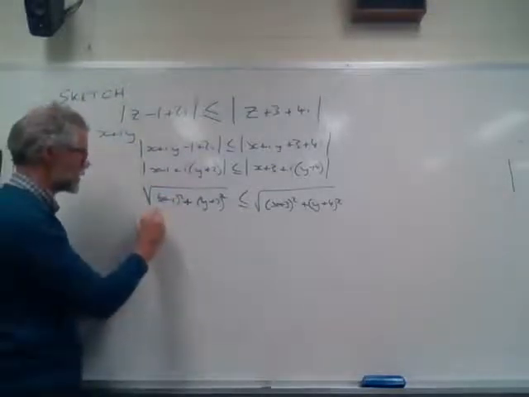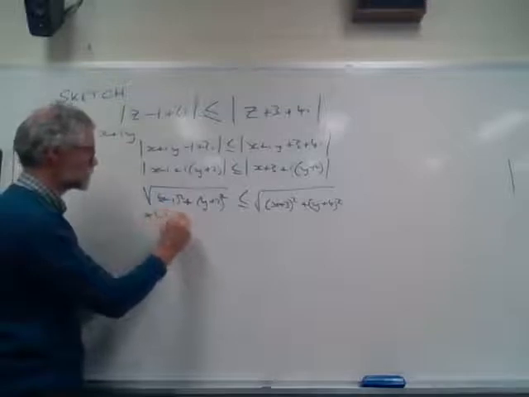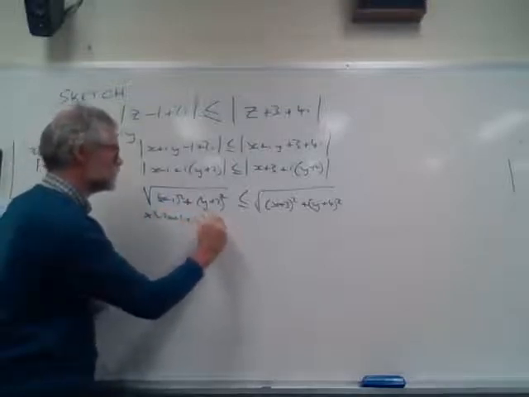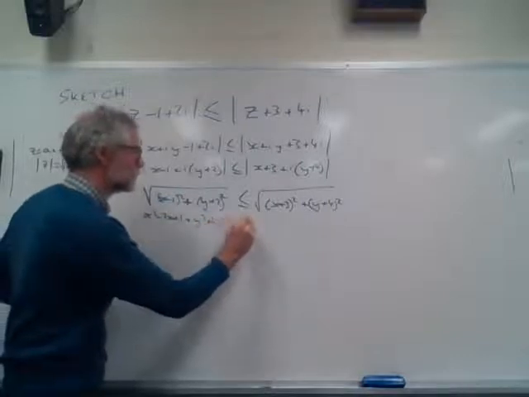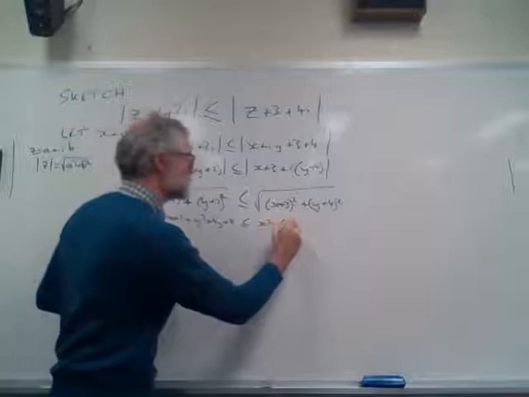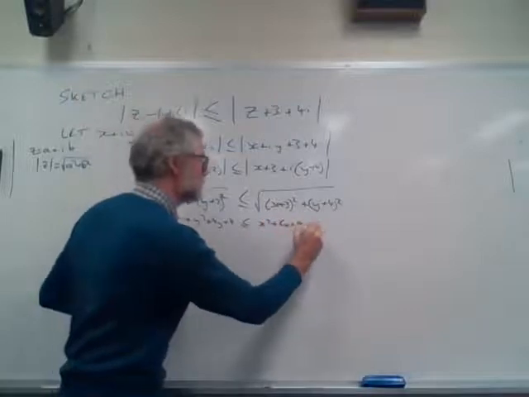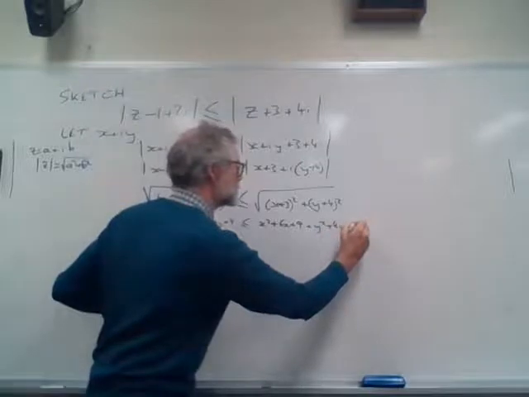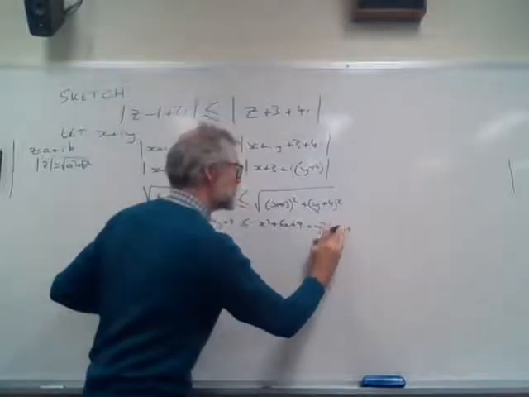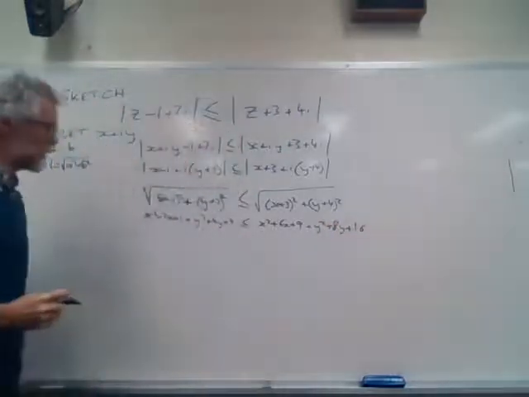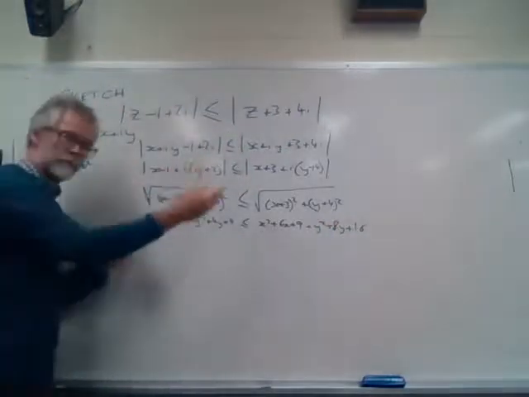That one should give us x squared minus 2x plus 1, y squared plus 4y plus 4, x squared plus 6x plus 9, y squared plus 8y plus 16. So that's just a matter of squaring and expanding brackets.